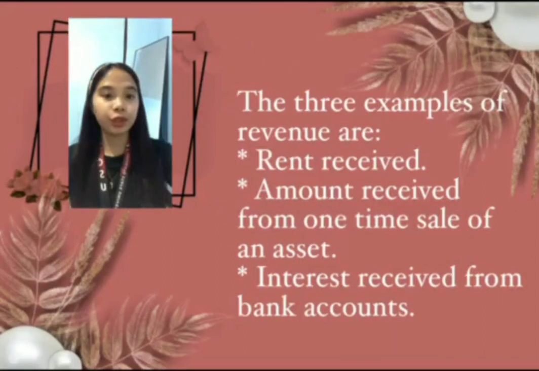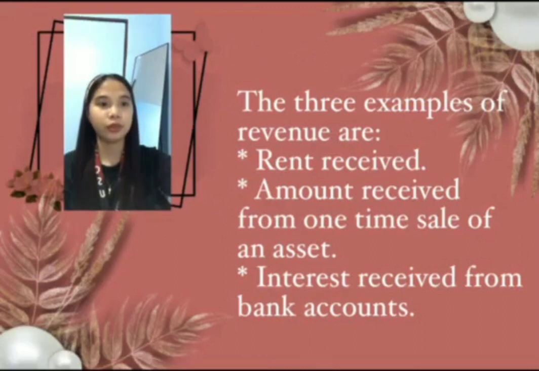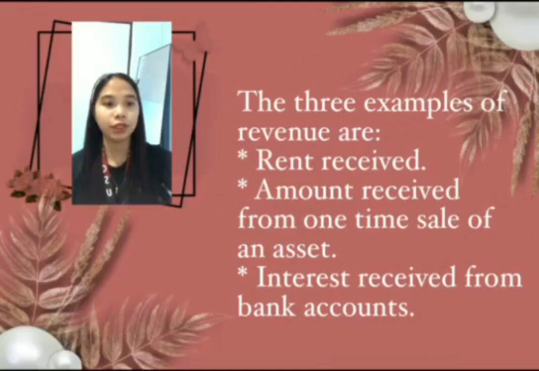These are three examples of revenue. First, rent received. Rent received means money paid or payable to you by tenants for accommodation or services provided in the course of business at the premises. Second, amount received from the one-time sale of an asset.